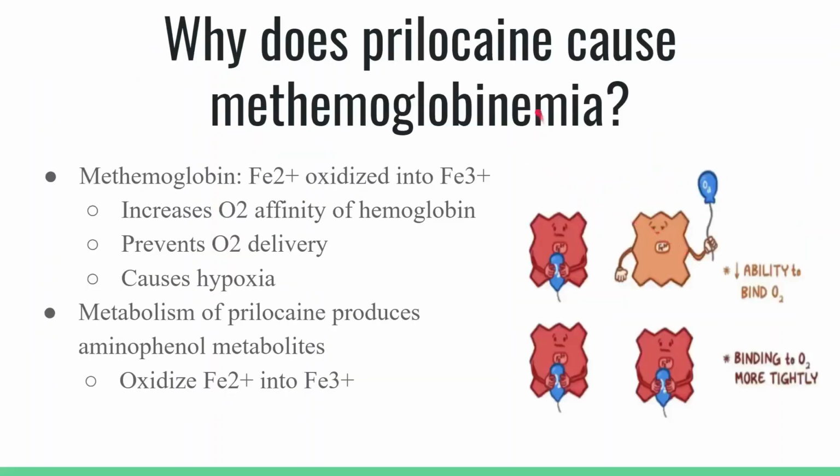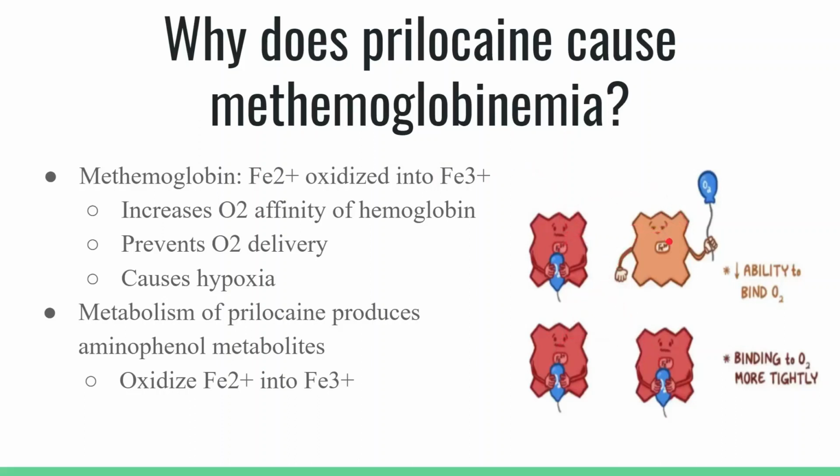So we talked about prilocaine causing methemoglobinemia. What is methemoglobinemia? Methemoglobin is basically a form of hemoglobin in which one of the heme groups has the ferrous oxidized into ferric, or Fe2 plus oxidized into Fe3 plus. As we know, each hemoglobin molecule has 4 subunits, as you can see.